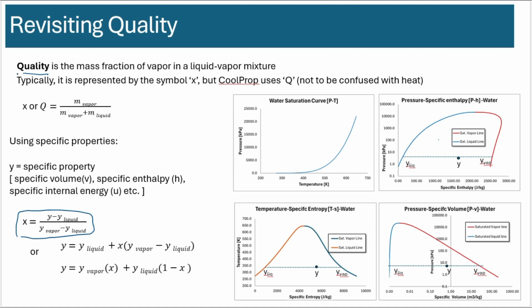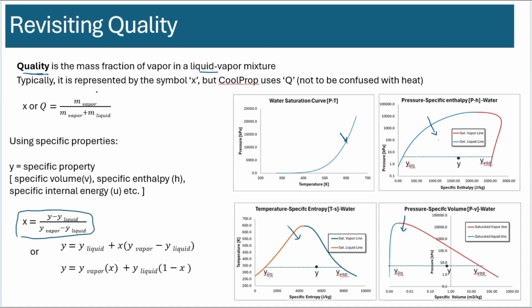Before we learn more about the isotherms on property diagrams, I would like us to revisit quality that we learned in previous lectures. We know quality is the mass fraction of vapor in a liquid vapor mixture. And we know that in these plots, the liquid vapor mixture is inside the dome.